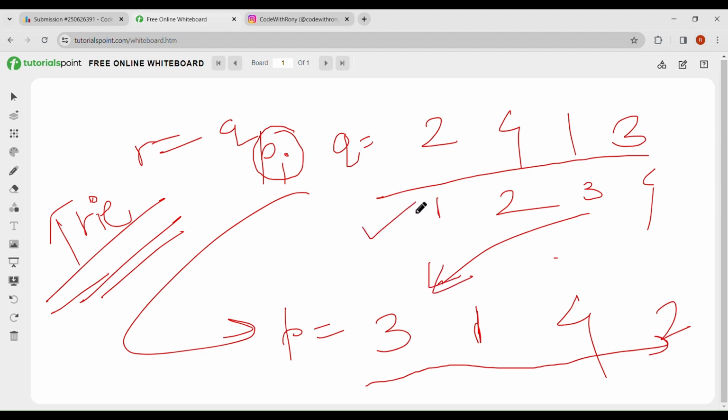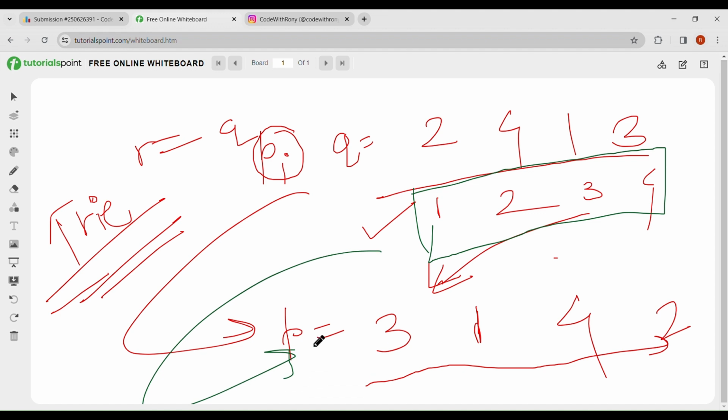These indices you need to consider in your calculations. We are forming p according to these indices. From this q we are forming p, and similarly we will get other p's also. So this is the given q.